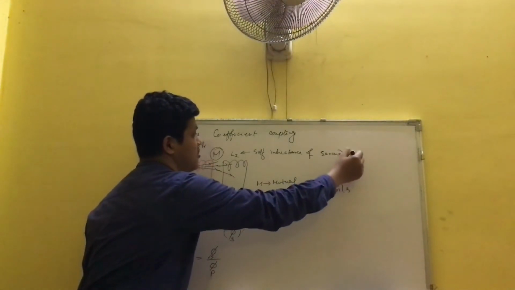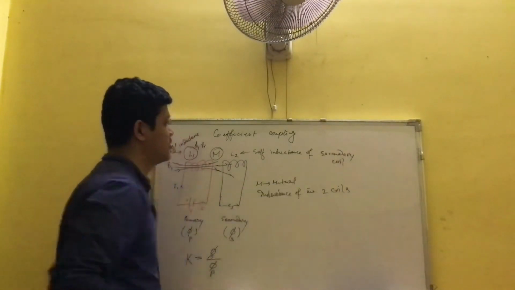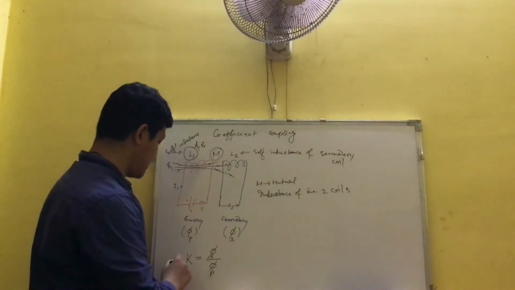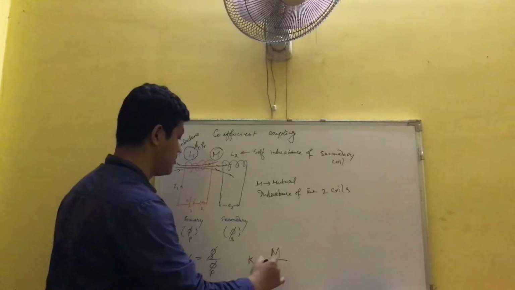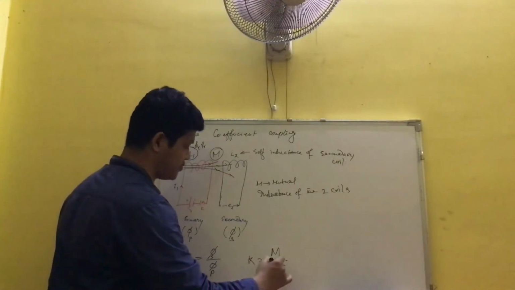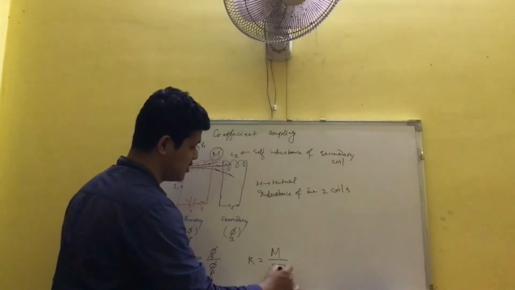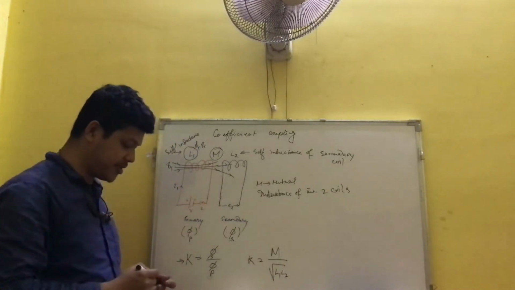Then this K is also given by M divided by root over L1 into L2, by this expression.